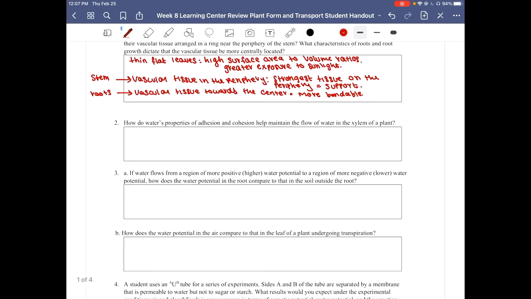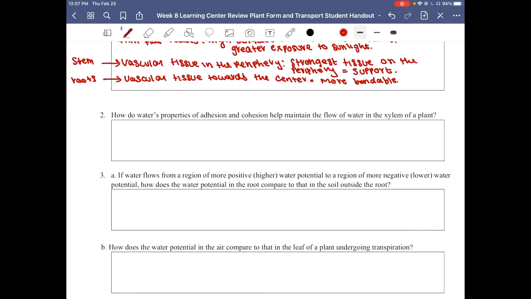Okay, so now we're going to be looking at how water's properties, like the adhesion and the cohesion properties of water, help maintain the flow of water in the xylem of the plant. So first, I can give a quick review. So cohesion is water molecules sticking to other water molecules.